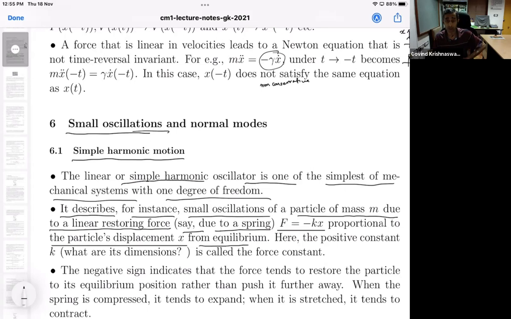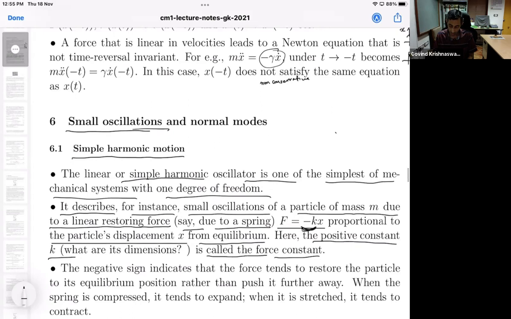That's very important. x is the displacement from equilibrium, with a proportionality constant which is a negative multiple of x. So minus k times x, where k is positive. Here the positive constant k is called the force constant. It is evident from the formula that the dimension of k is force per unit length. So you can put what f is and get it in terms of mass, length, and time.